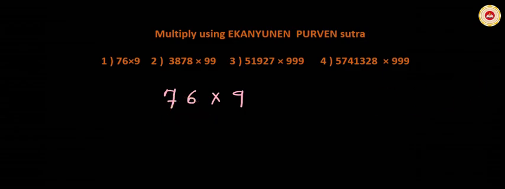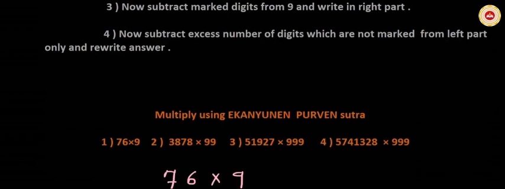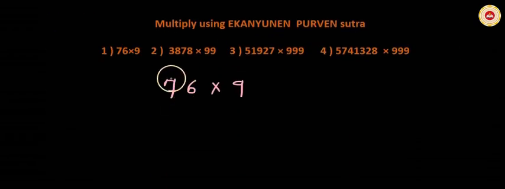So step number 1, write Ekanyunen, that means one less of the multiplicand, in the left part. 76 is the multiplicand, so let us write its Ekanyunen. 76 minus 1, 75.